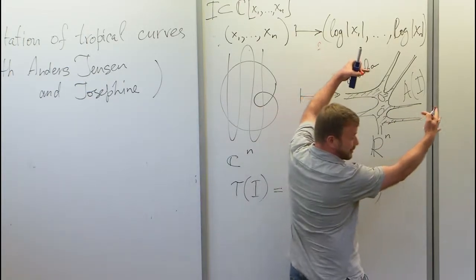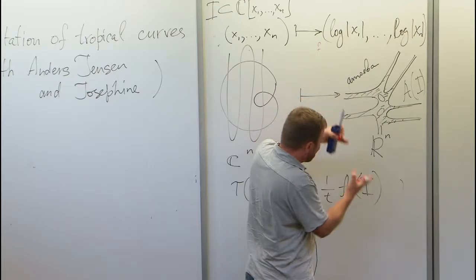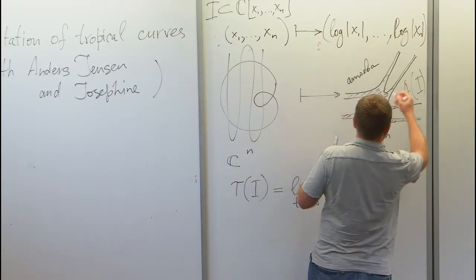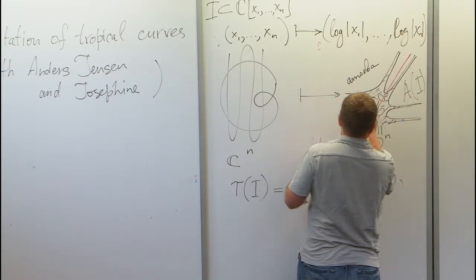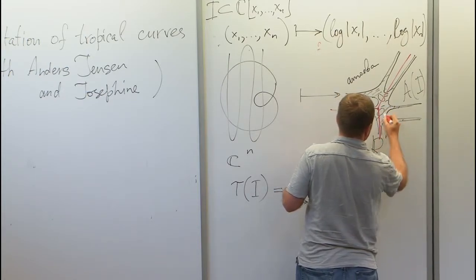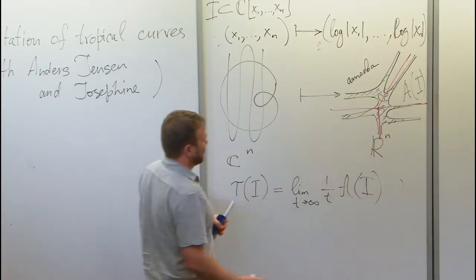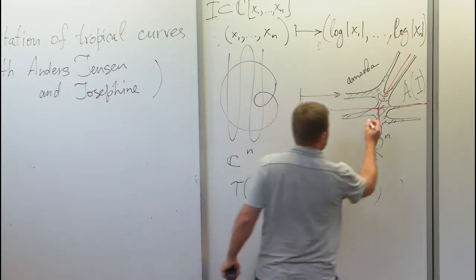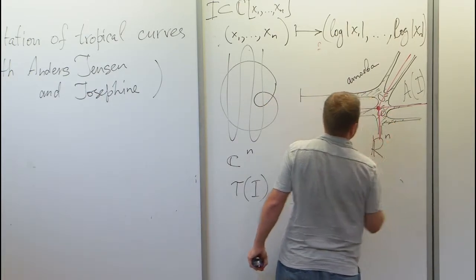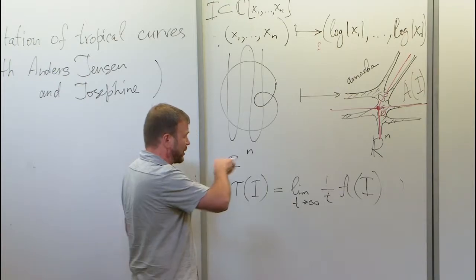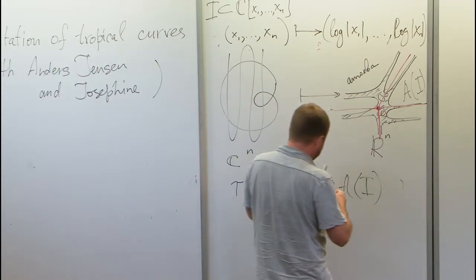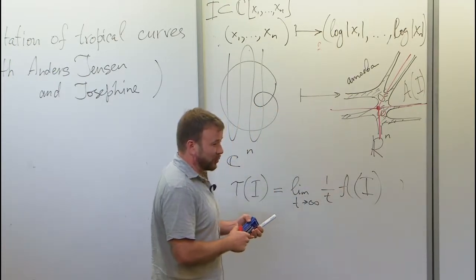Well, what happens in this picture? It sort of shrinks and moves a little bit, and maybe you get something like this. Okay, so this would be rays with integer slopes emanating from the origin. Okay, so that's what Mikael Passare would do.